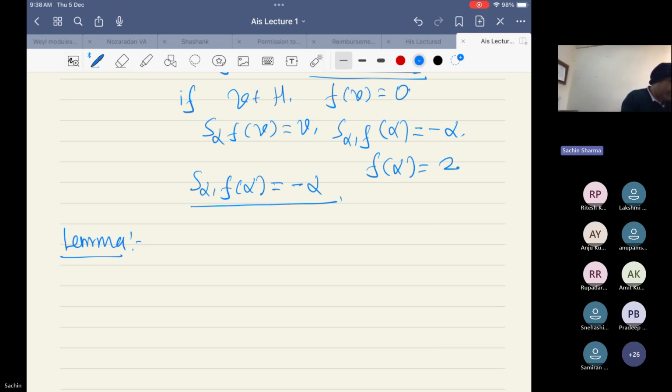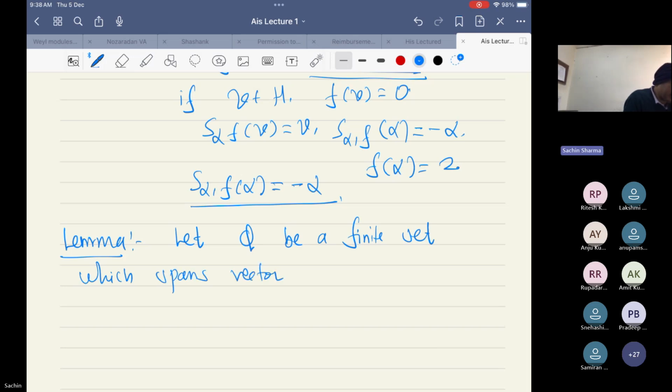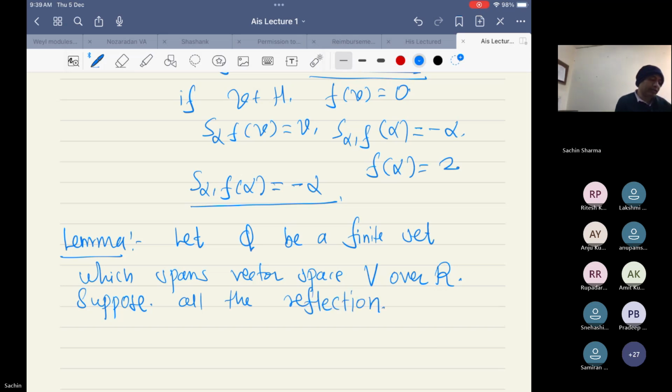Let phi be a finite set which spans the vector space V over R. Suppose all the reflections S alpha leave phi invariant.